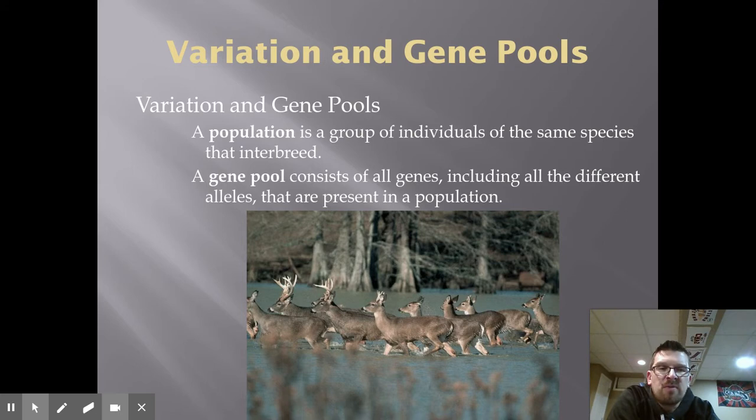Well, we typically call that just a population, which, as you can see here, is a group of individuals of the same species that interbreed, meaning that they're in a close enough proximity, in the same area. Now, if you consider all of those members of the population and take all of their genes, all of their alleles, that would be called the gene pool, and that is where those differences would add up, that we were talking about in the last slide.